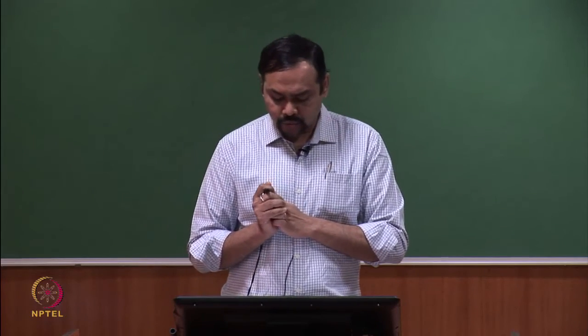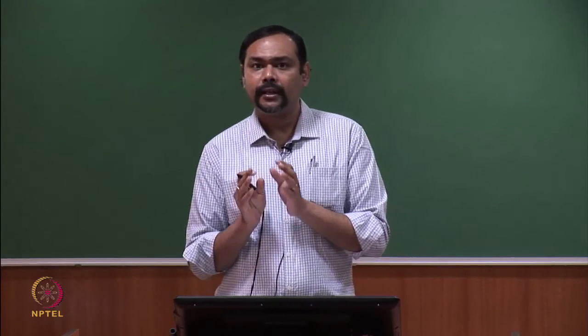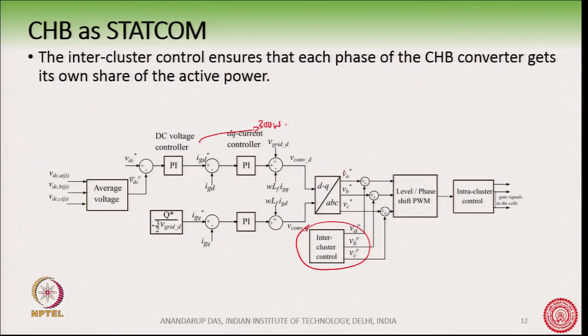Okay. So, it may happen that this power here, VA star, VB star, each is supposed to be like 100 watt, 100 watt and 100 watt. Okay. So, this VA star, the D axis component of that is controlling the 100 watt of power, but at this stage we have to take notice of this intercluster control, where we say that we have to fine tune now.